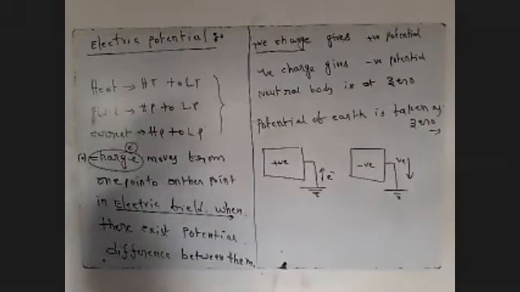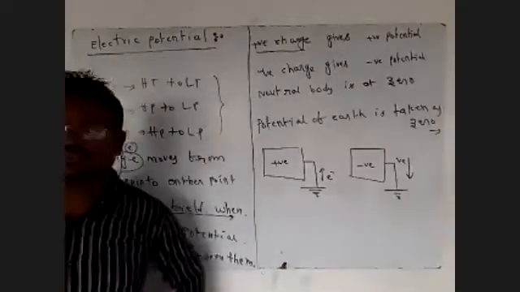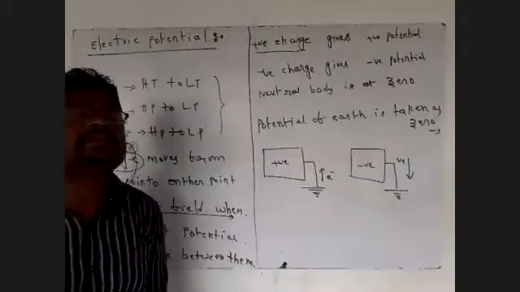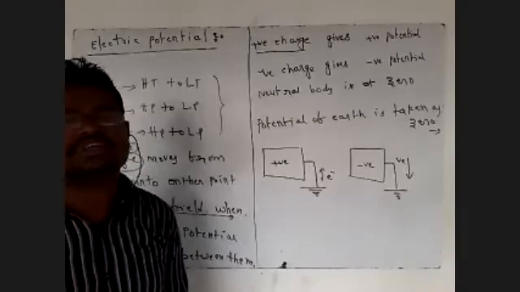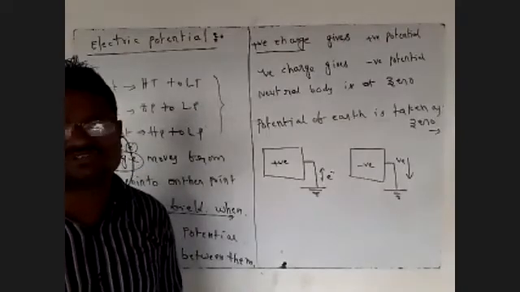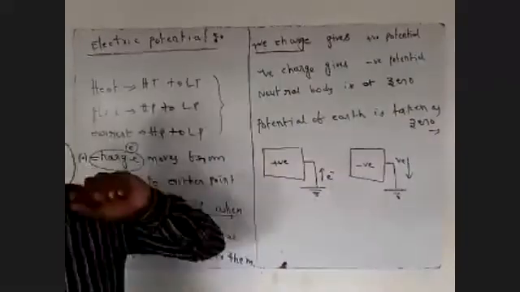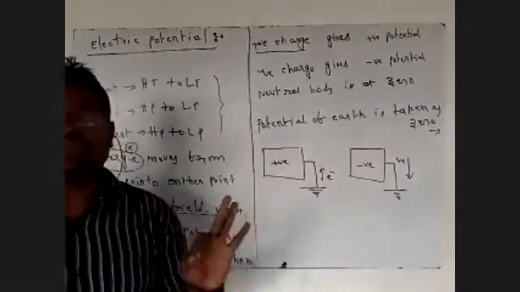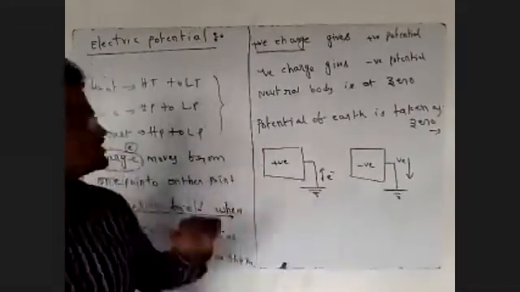So we are going to discuss electric potential. We know natural phenomena. Electric potential is an electrical condition of the body which determines the direction of flow of charges.